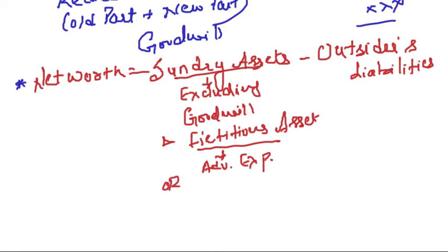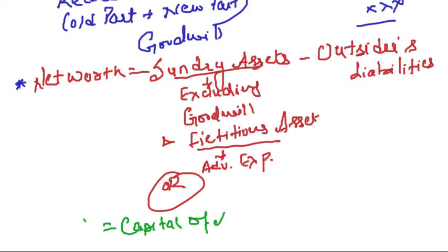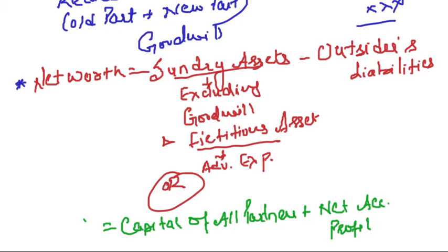Or there is another formula for calculating the net worth, that is capital of all partners, including the new partner, plus net accumulated profits and reserves.